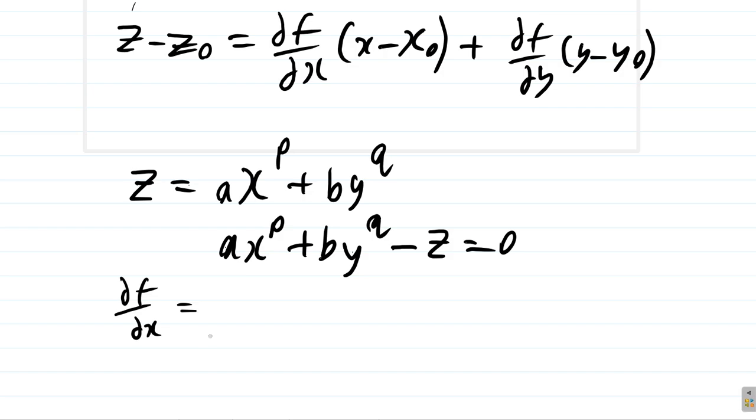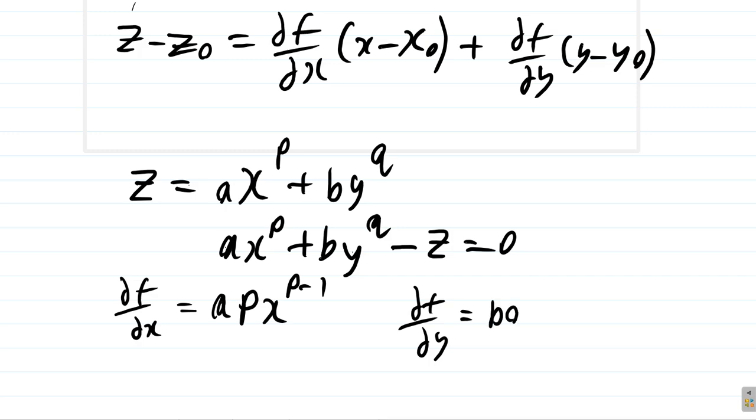Now, what is delta f by delta x? In this case, it's going to be ap x to the p minus 1. Here, you're treating y as if it's a constant, so it goes to 0. Everything here is a constant. And you're treating z as if it's a constant. Now, what is delta f by delta y? Well, same argument.